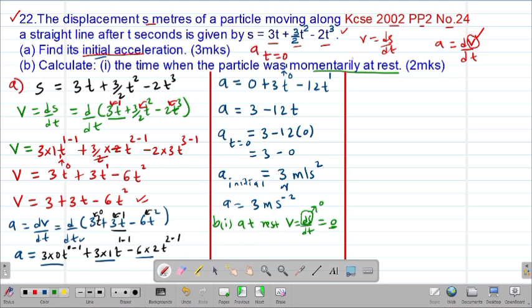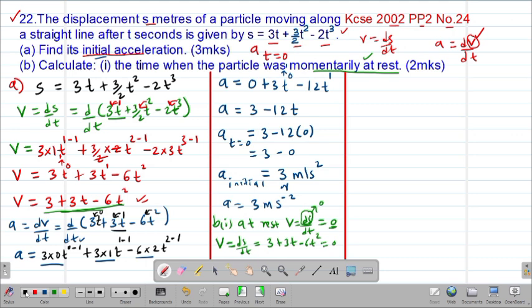Therefore, we are simply going to equate the formula for velocity to 0. Remember, we already have the formula for velocity, which is here. So the velocity v, which is equal to ds over dt, which you already have as 3 plus 3t minus 6t squared, must be equal to 0.